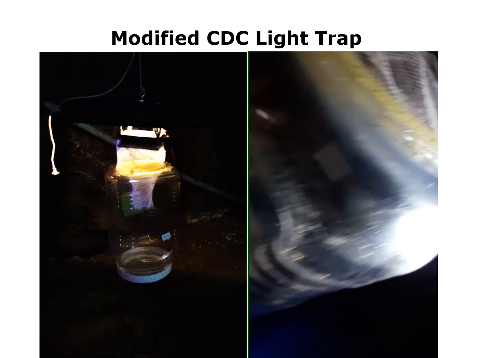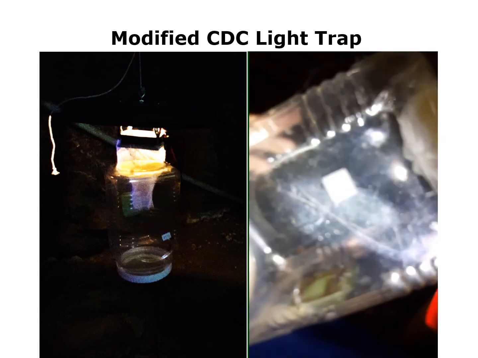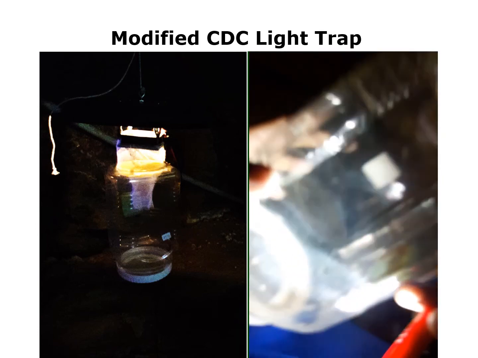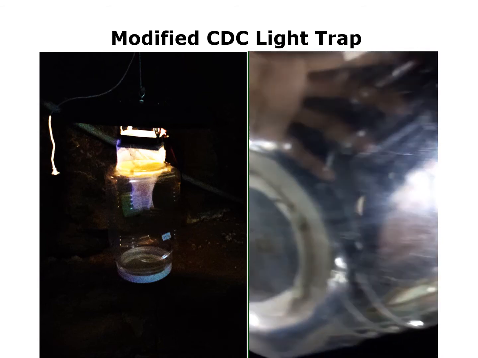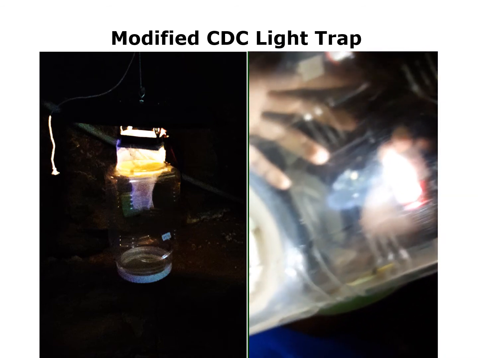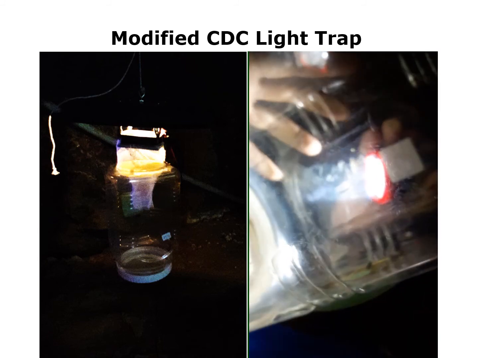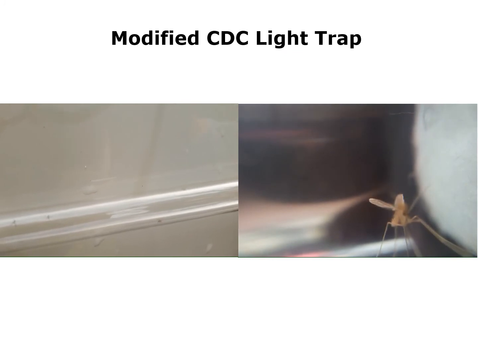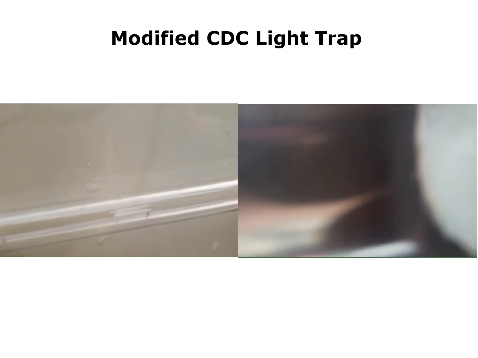This modified CDC Light Trap can be used in the same way as a standard CDC Light Trap. Another advantage of this modified light trap is that it can catch live sandflies.